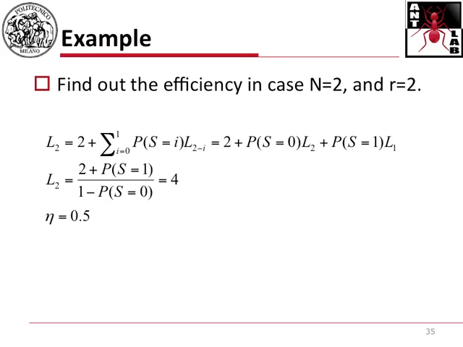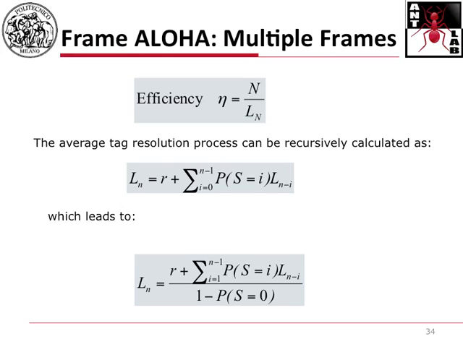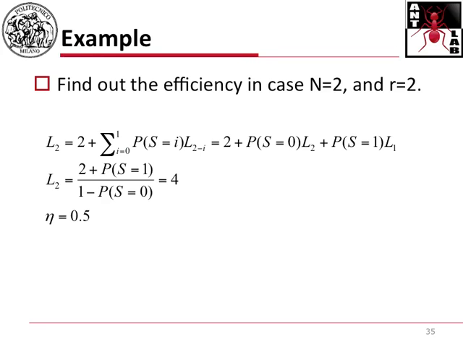What I want to find is L of 2, okay, which is the duration of the collision arbitration process with 2 initial tags. Okay? So what I do is just apply the previous formula. So L is equal to 2, this one here. I just change the names with the numbers. R is 2 in our case, n is 2 in our case. Okay? And what I get is what you see written here.